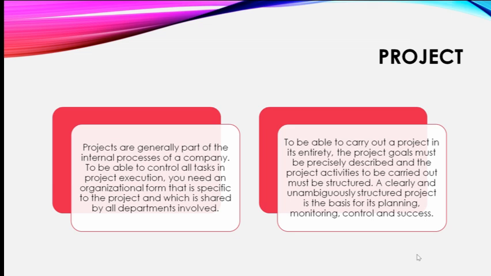We should be very careful in the starting step itself. Unambiguous means the company and also the consulting team should be very clear on how the structure is going to be defined and how it is planned. So a very well defined and planned project structure is the basis for project monitoring, control, and also the success.